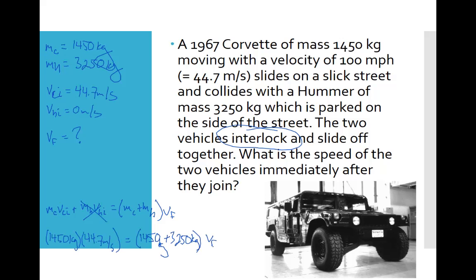Okay, so now let's go ahead and simplify that. When we multiply these two together, I get 64,815 kilogram meters per second. That equals, we add these together, and we get 4,700 kilograms times V final.